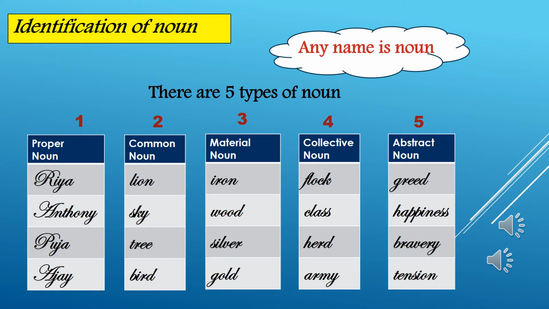This is a feeling you cannot express in terms, you cannot show it. So like that, bravery, tension. Yes, tension we feel, but can you show it? No, you cannot. So these are the types of nouns: proper noun, common noun, material noun, collective noun, and abstract nouns.